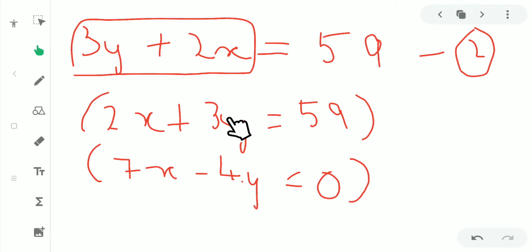On multiplying the first equation by 4, we get 4 into 2, nothing but 8x, plus 4 into 3, 12y, is equal to 59 into 4, nothing but 236. So we get 8x plus 12y is equal to 236.